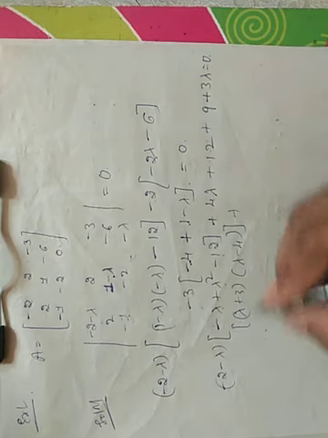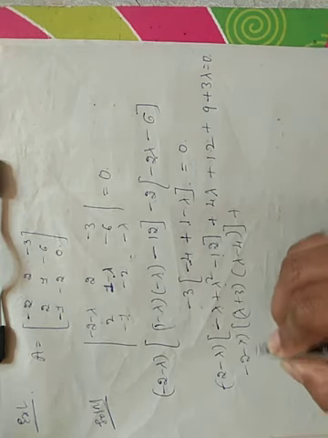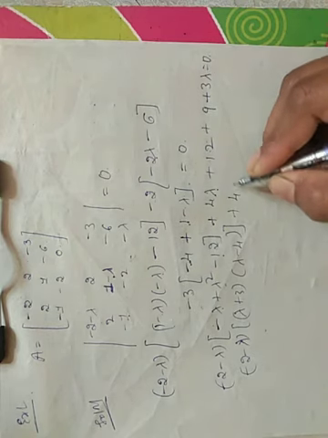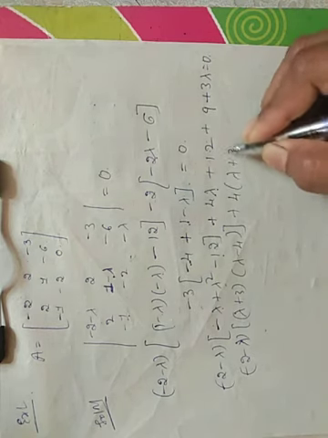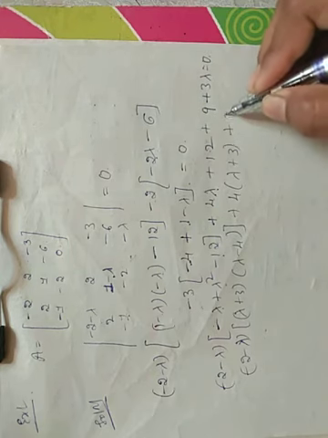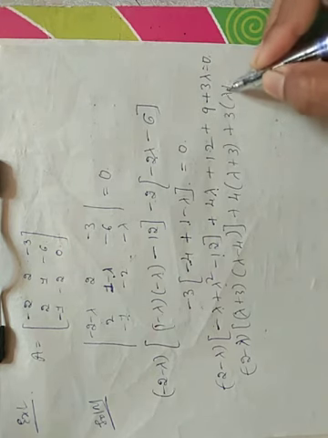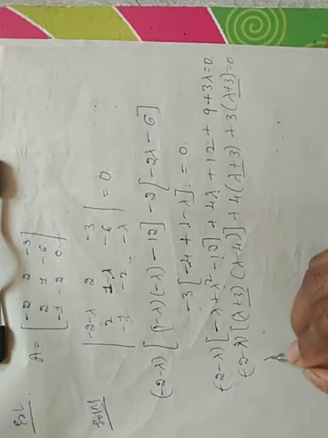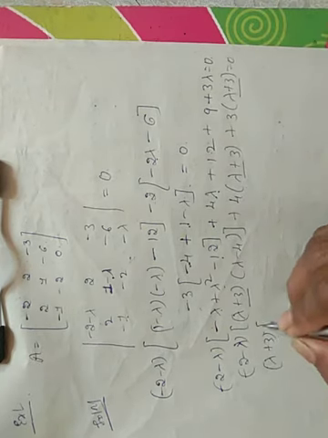Here also minus 2 minus lambda will be kept as it is. And here if I take the 4 common, the remaining is lambda plus 3. Here if I take the 3 common, then it is lambda plus 3. Everywhere lambda plus 3 is common. Take lambda plus 3 common.